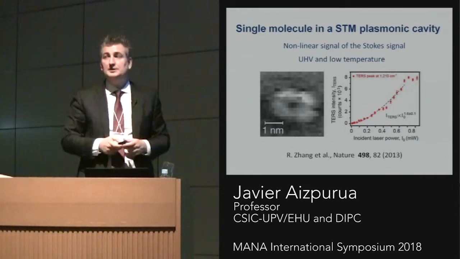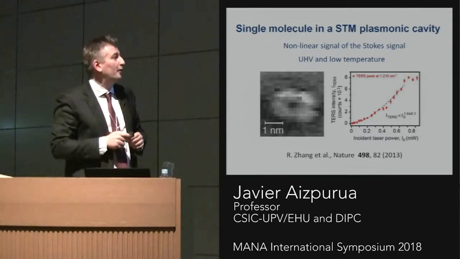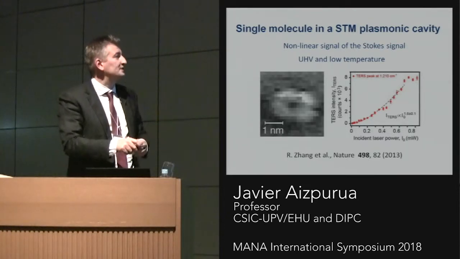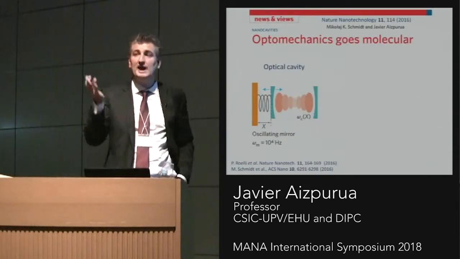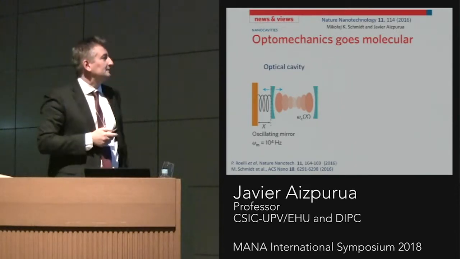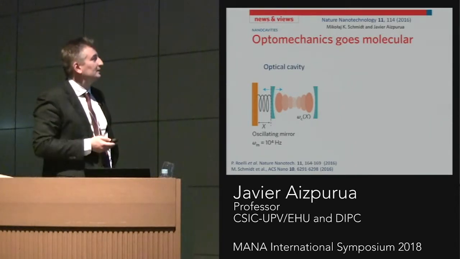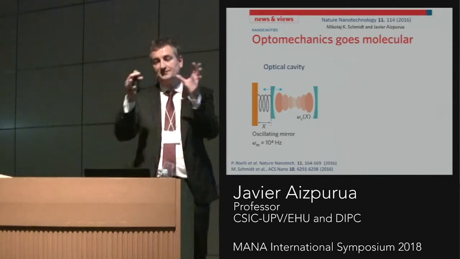And at that time, we didn't know why this happened. It was completely unknown, because in all Raman experiments, this is linear with intensity, okay? So then we have to go to an optical tool, which is quantum optomechanics, because here we have vibrations, we have photons.